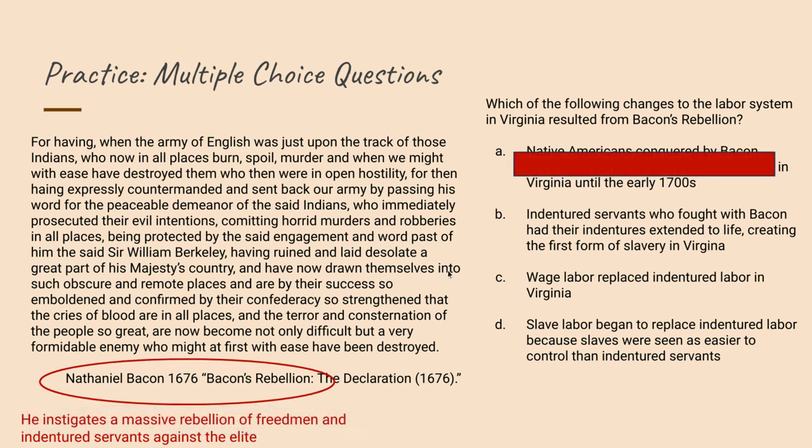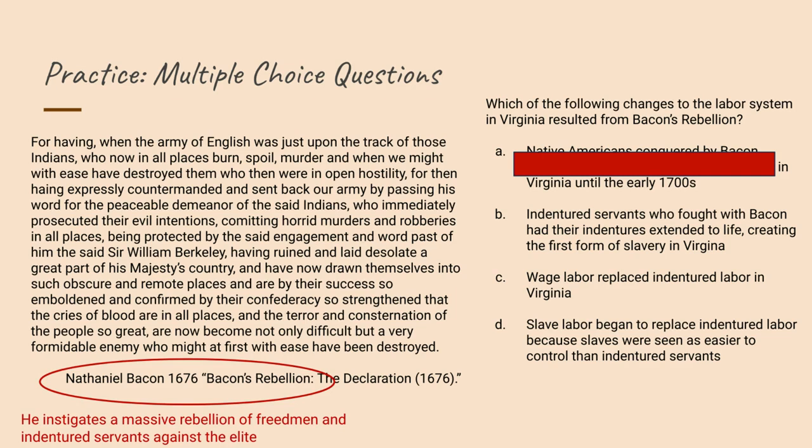Second, we have, indentured servants who fought with Bacon had their indentures extended to life, creating the first form of slavery in Virginia. Now, if we think back to the results of this rebellion, we know that the planter elite were quite fearful of indentured servants.